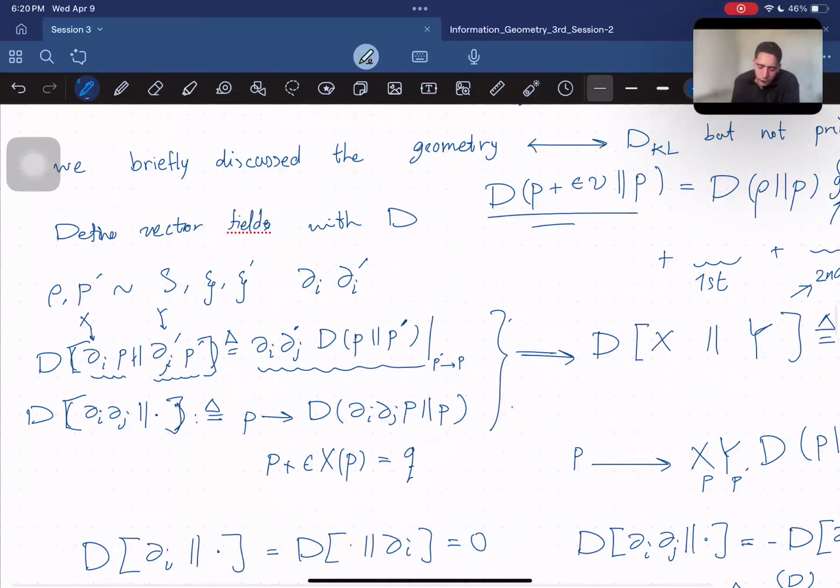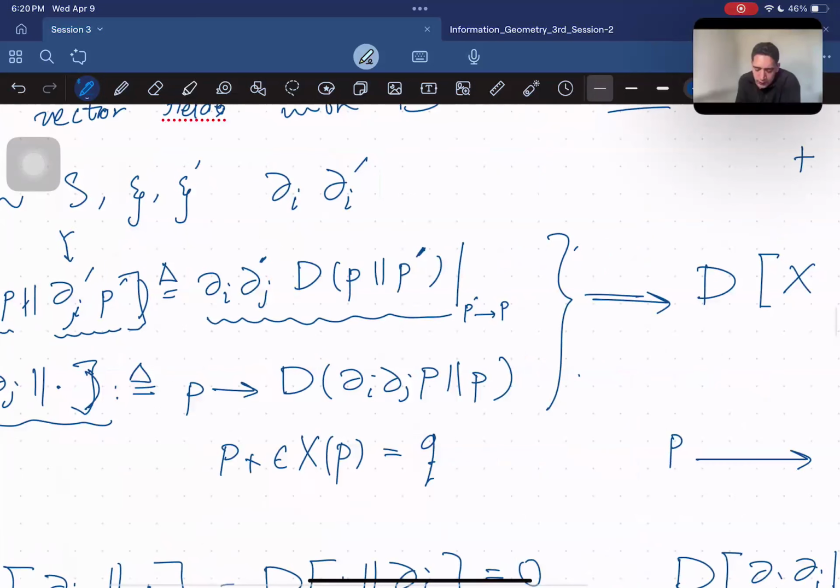So I would define this again, like above. I take a look at D of P and P prime, each represented by two coordinate systems theta and theta prime.